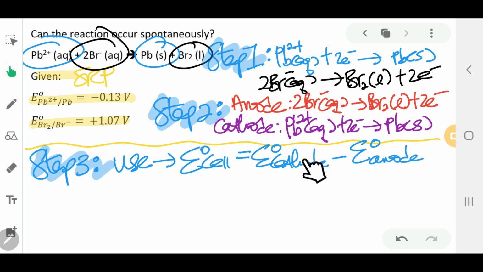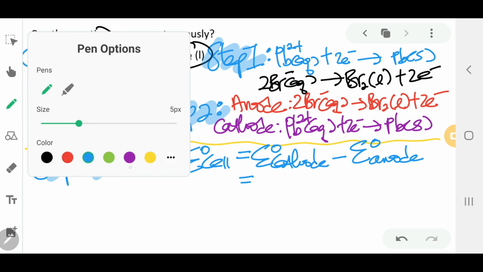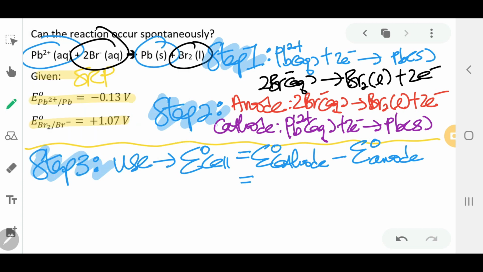Now, your cathode is the lead half cell, and your anode is the bromine half cell. So we're going to take the values as they have been given right there. You're going to plug it in right here based on the identification of anode and cathode, based on the given reaction that you have. So the cathode, okay, the one in purple is lead. So the value for lead is right there.